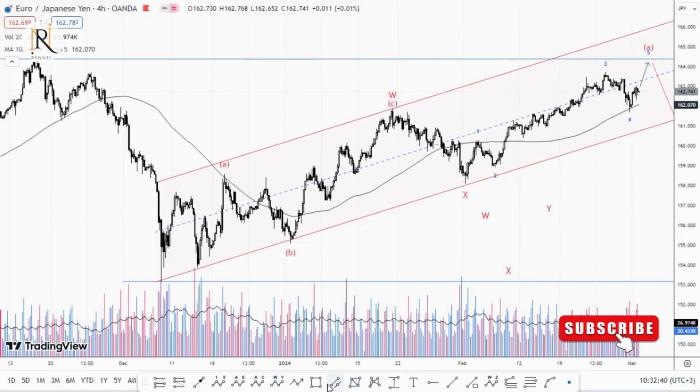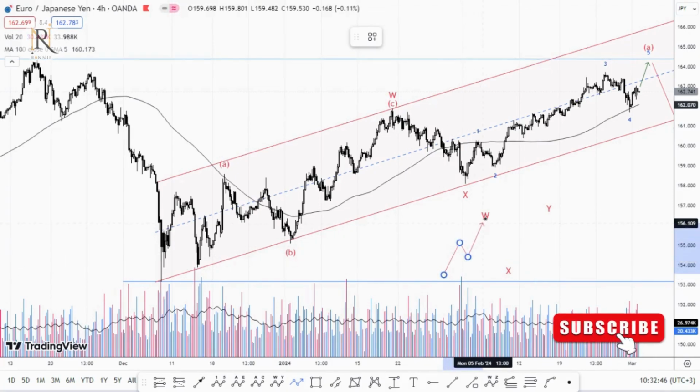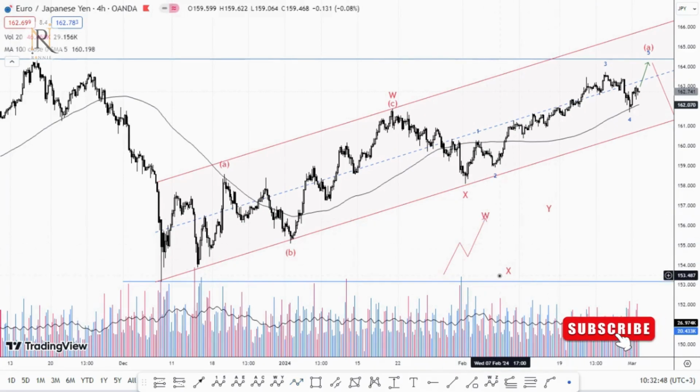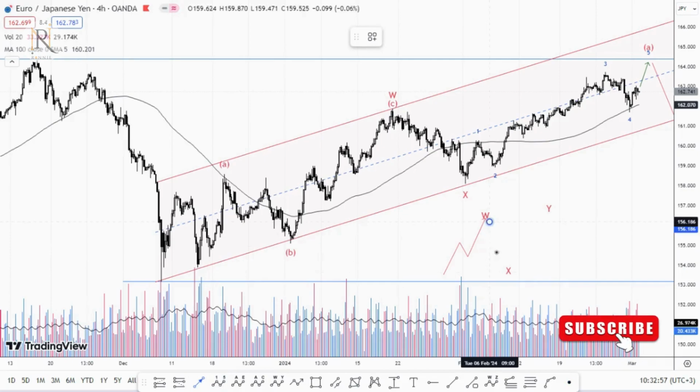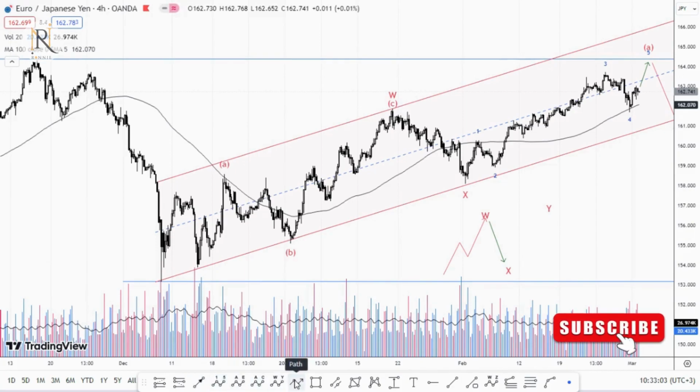When I talk of a complex correction, you know that in wave W, we can have wave ABC. Wave X can be simple or complex. If it is complex or simple, we expect at least a good correction on wave X. Again, I repeat, it can be a complex or simple correction.